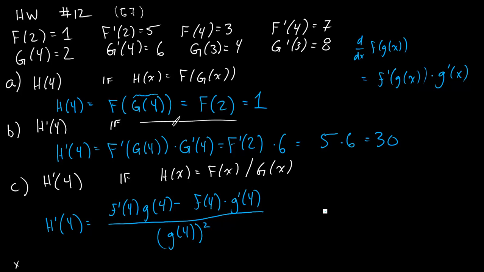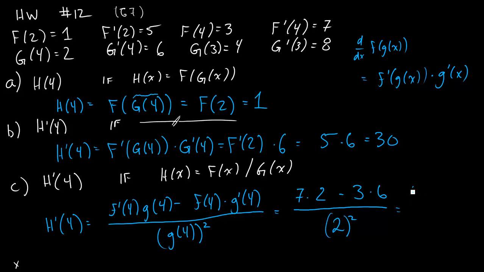Okay, and so now we're just going to come back up and look at our table. So f prime of 4 is 7, g of 4 is 2, f of 4 is 3, g prime of 4 is 6, and then we'll divide this by g of 4 squared. g of 4 is 2, so this will be divided by 2 squared.